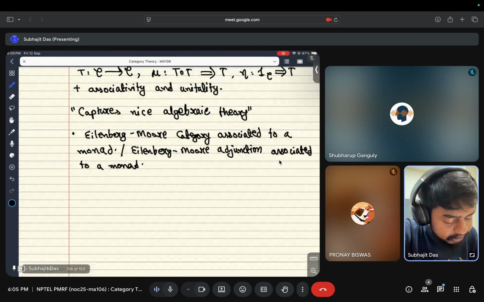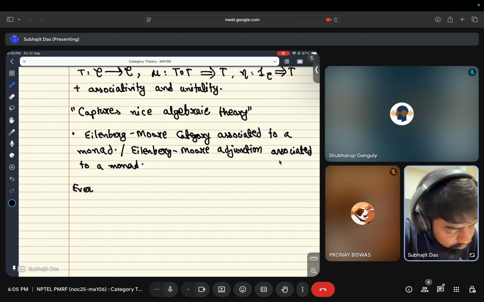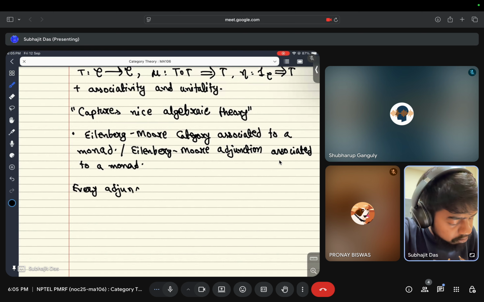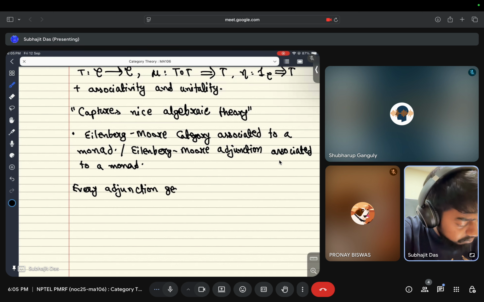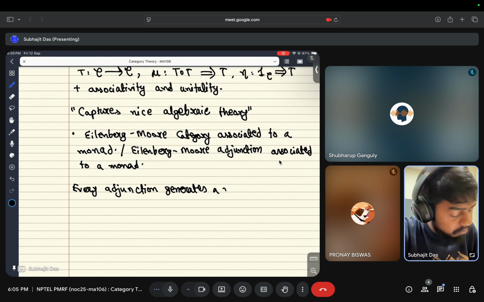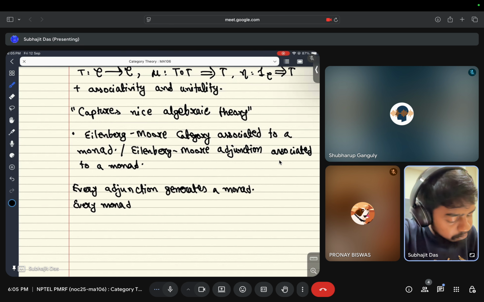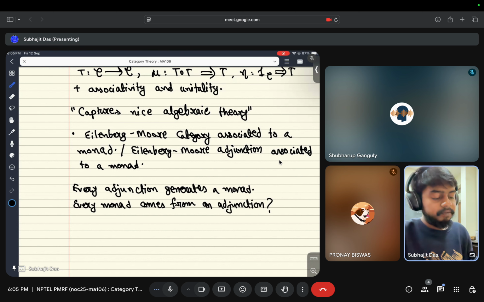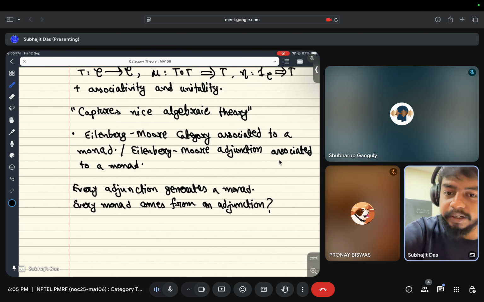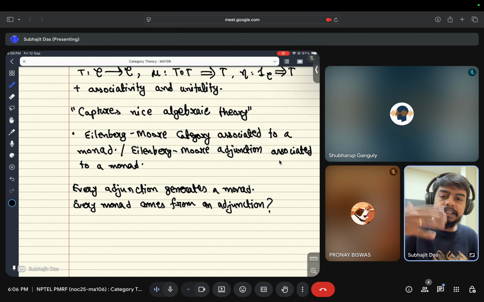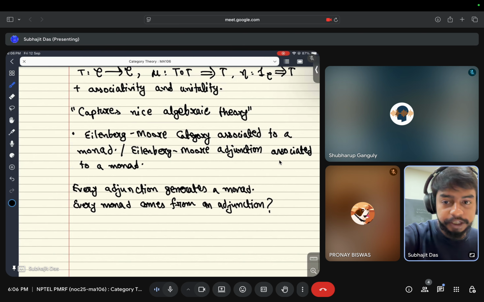You have seen that every adjunction generates a monad. So you ask this question whether every monad comes from an adjunction. And as it turns out, it indeed does. And the universal such generator is actually the Eilenberg-Moore adjunction associated to a monad.